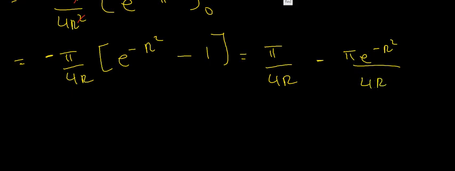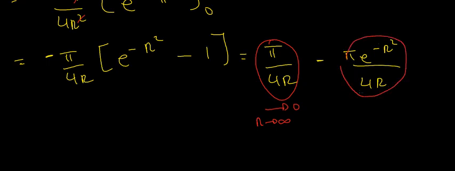Well, I want to take the limit of this thing as r goes to infinity. Clearly, as r goes to infinity, this term goes to 0. And for e to the minus r squared, as r gets very, very large, the numerator goes to 0 and the denominator goes to infinity, so logically this thing must also go to 0.